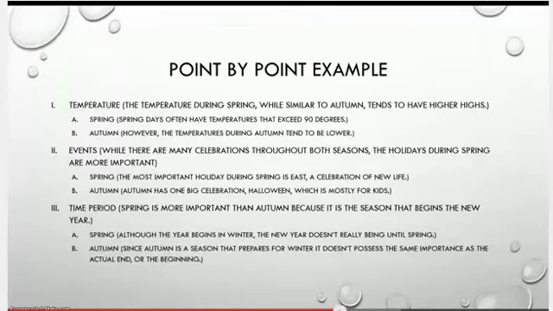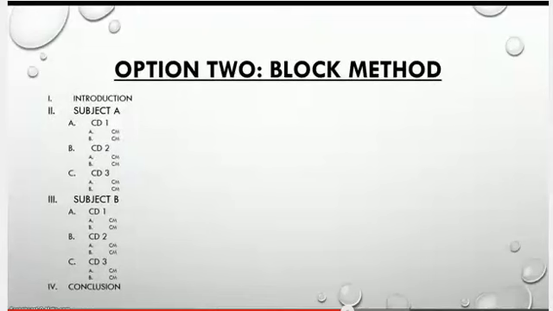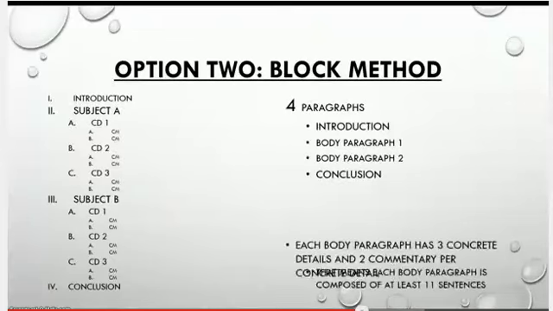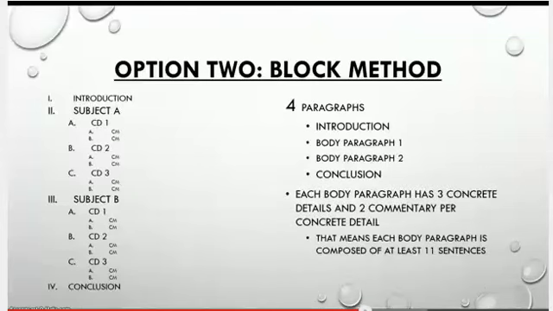Let's move on to the next one, which is the block method. Now the block method is a little bit different from point by point, mostly because it only has 2 body paragraphs. Right? Each body paragraph is made up of 3 concrete details, and then you have your commentary. Regardless of which method you choose, you're going to have a total of 6 concrete details. Right? The difference being in point by point, you have 2 concrete details per paragraph, and in block method, you have 3 concrete details per paragraph.